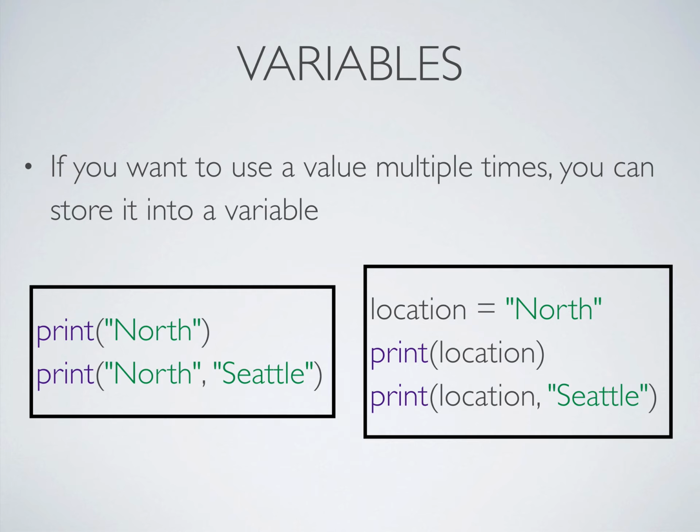And then we print location, which is essentially saying, hey, print north. And then we print location, comma, Seattle, which is essentially saying, hey, print that string north, and then also Seattle. So again, variables are useful if you want to use a value multiple times in your code.